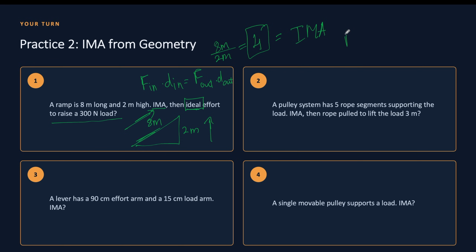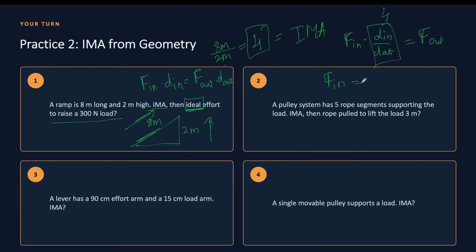So force in times distance in over distance out is equal to force out, right? Because I can just divide on both sides. And I can separate the F in from that. We know this is just 4, right? So force in is my ideal effort.